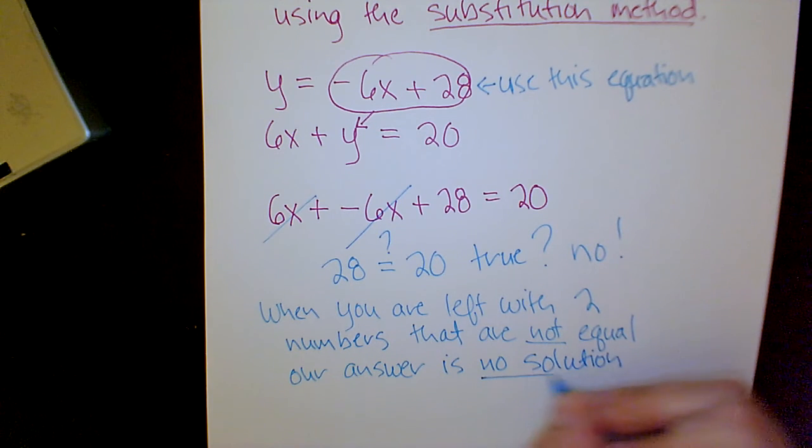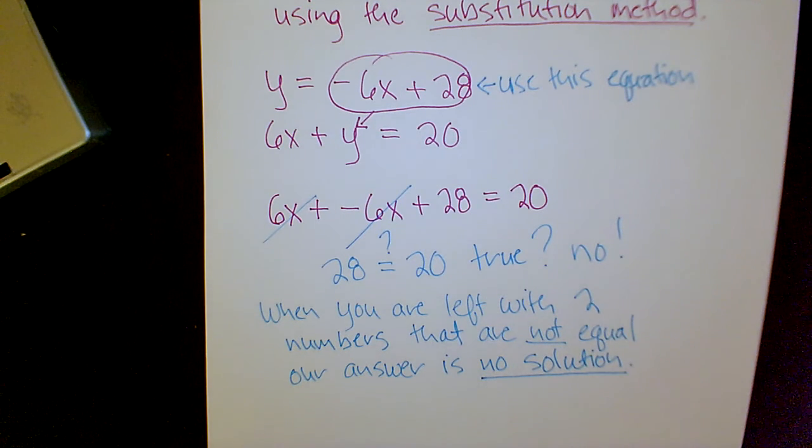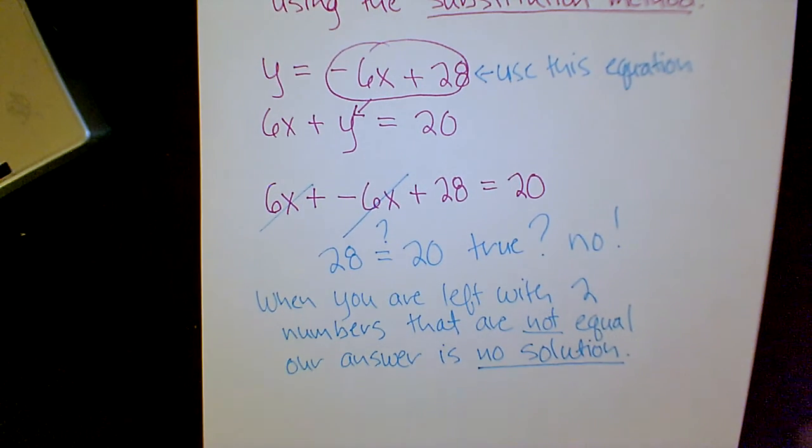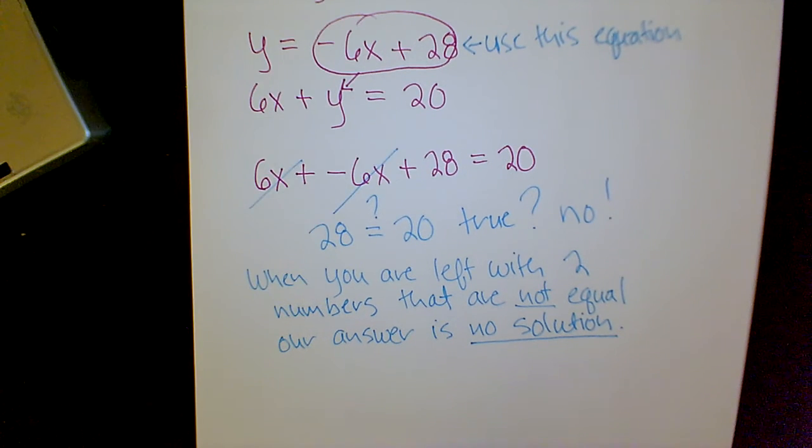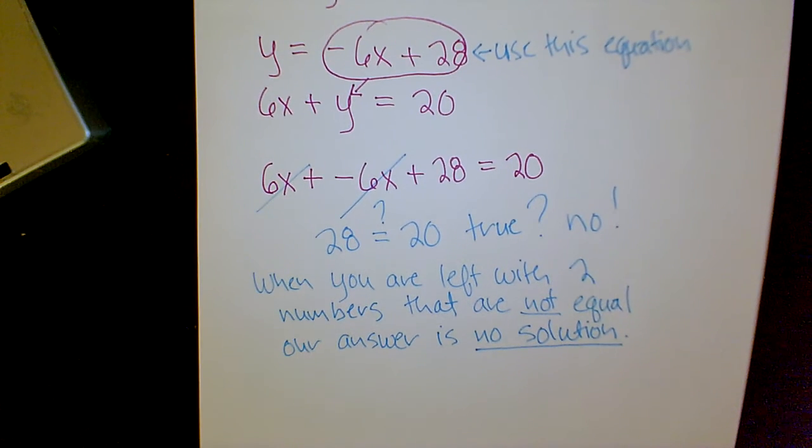These two lines have nothing in common. So you're just going to check on Hawks. They're going to give you one solution, no solution, infinitely many solutions. You're just going to check off no solution and you're done. That's all there is to it. Easy.